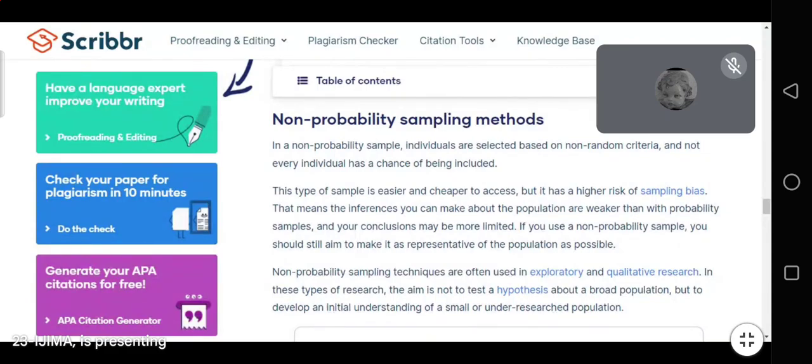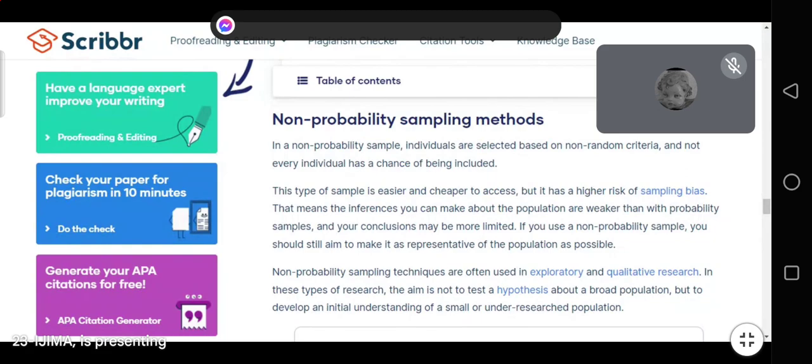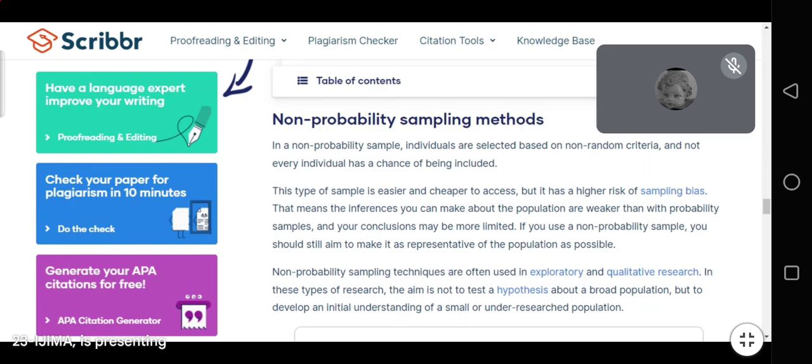Non-probability sampling is supposed to be easier and cheaper to access, but it has a high risk of sampling bias.